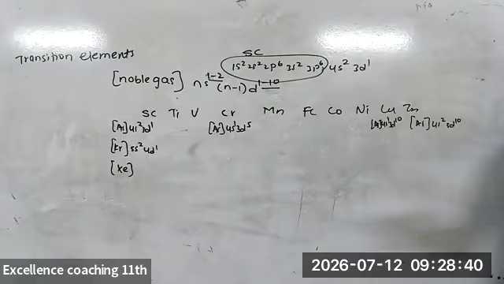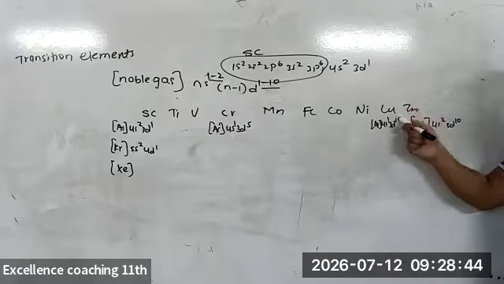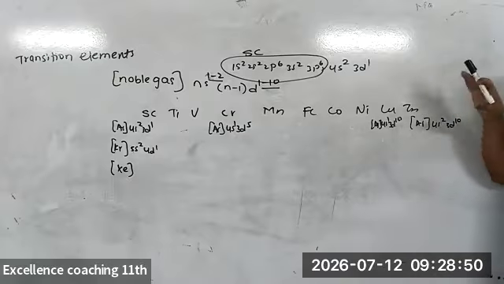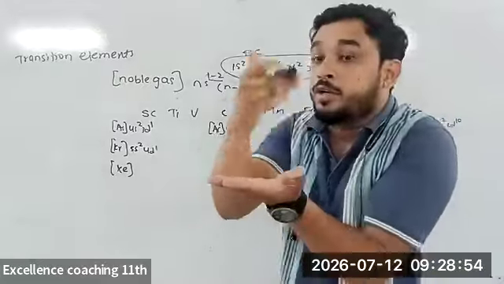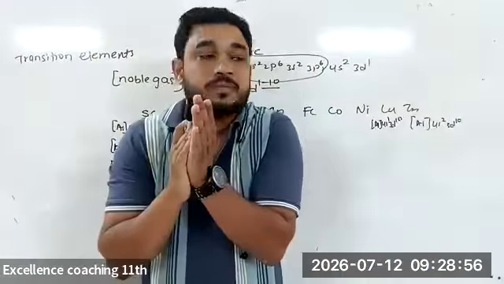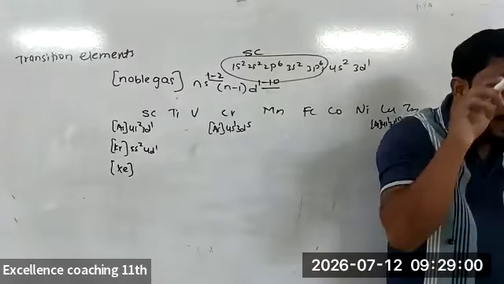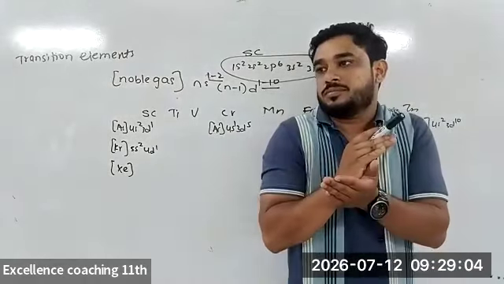One electron jumped. So zinc is the last element in the d block. It is not a transition element because it does not have any unpaired electron in its d orbital.